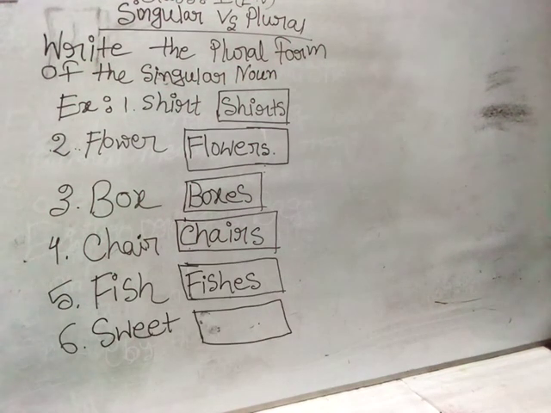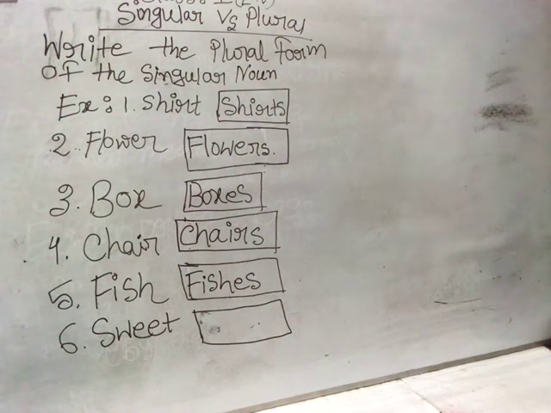So for fish, we need to put an extra ES to make it plural. So it became fishes, F-I-S-H-E-S. I repeat, fishes.